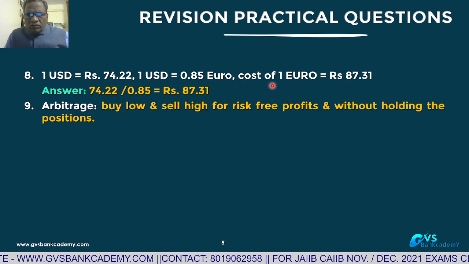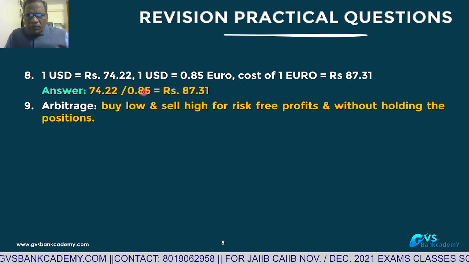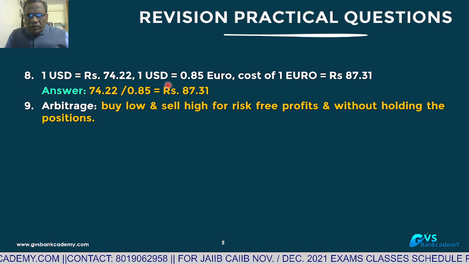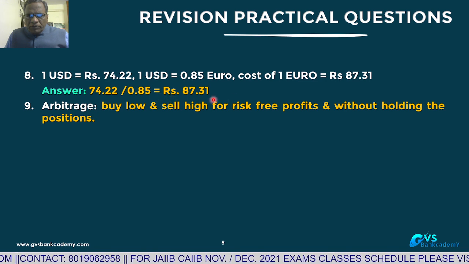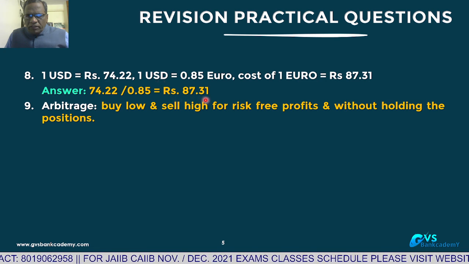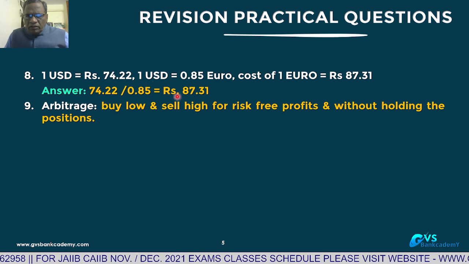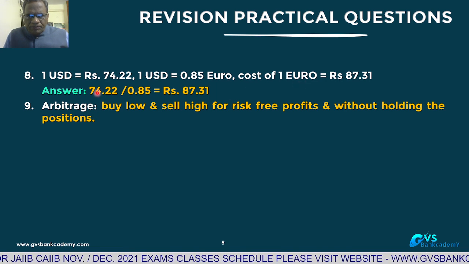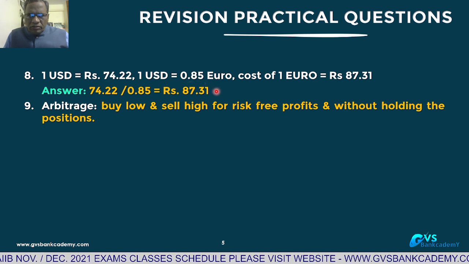The cost of 1 euro is equal to 74.22 divided by 0.85, because the dollar is cheaper than the euro. For the purchase of 1 euro through the common currency of dollar, you have to pay 87.31 rupees for each euro. This is called the cross currency rate, or cross rate.